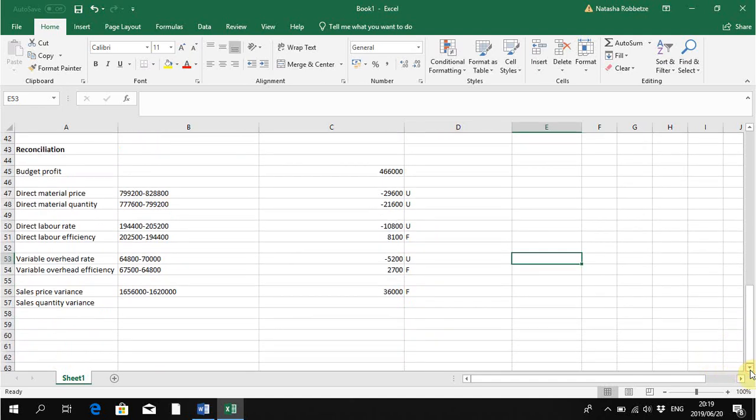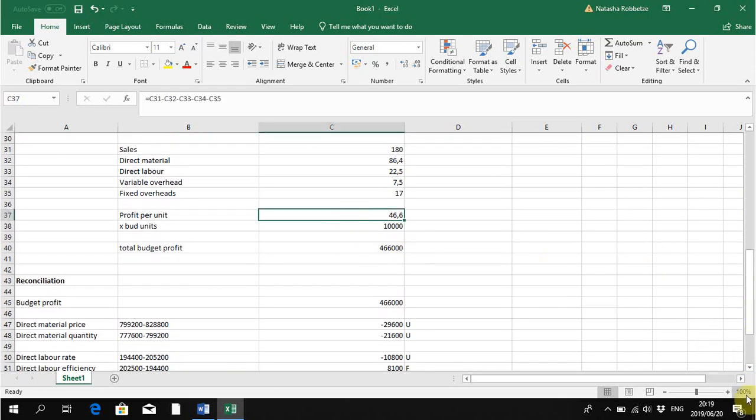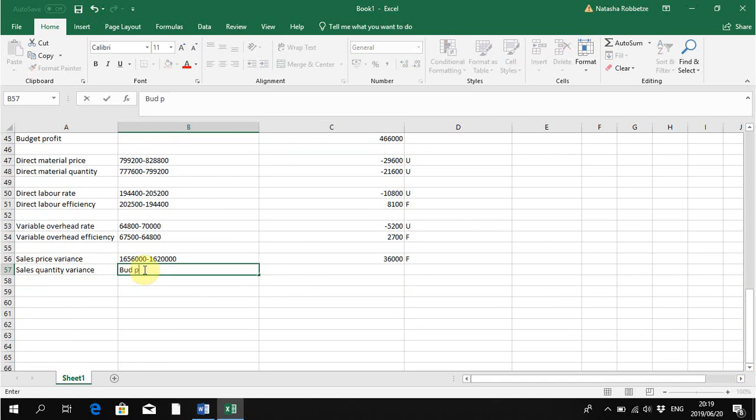Then the sales quantity variance. There you have to apply a formula, which is pretty simple because you've done a calculation in support calc number 3 for the profit per unit. So you take the budgeted profit per unit, and you times it by actual units minus budgeted units.